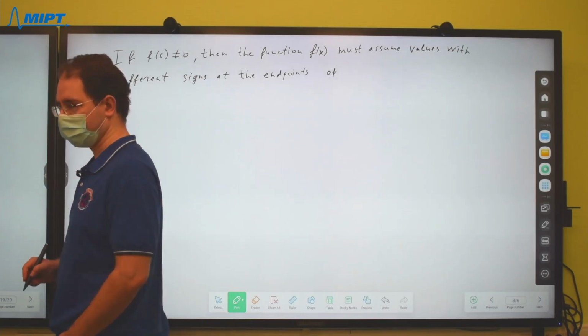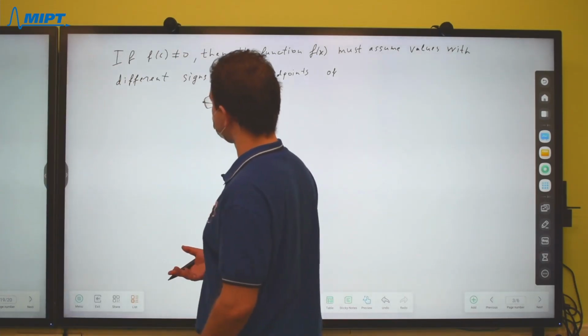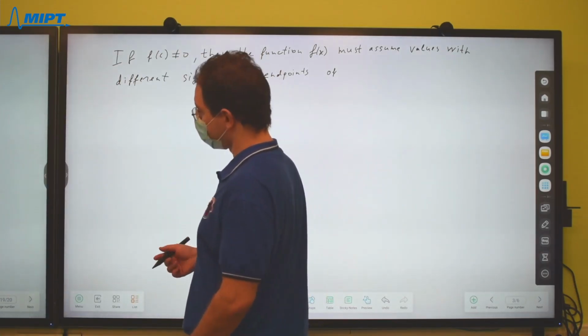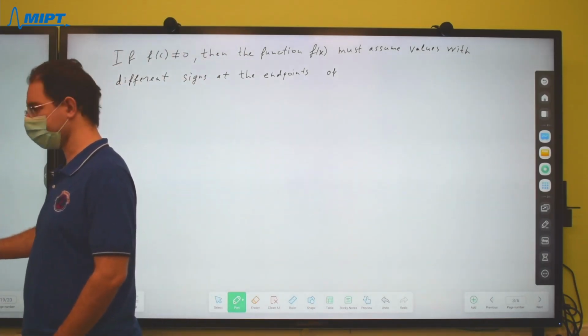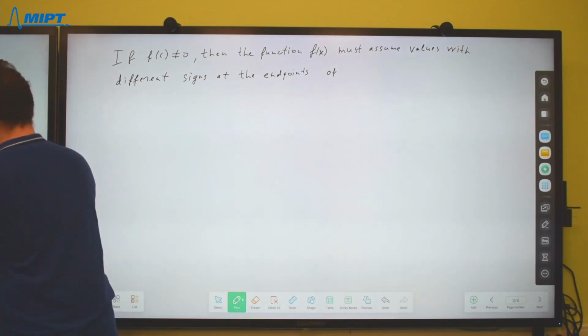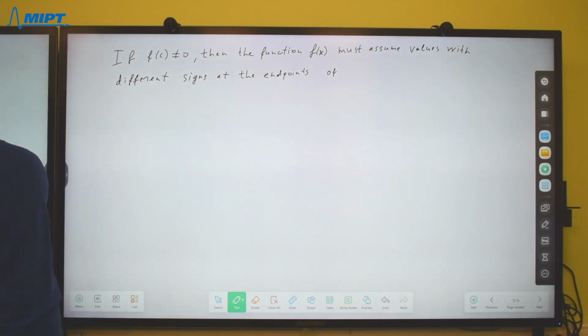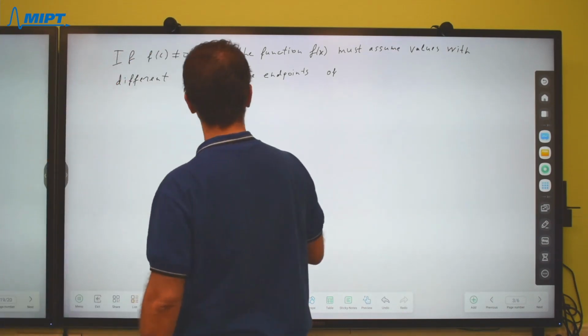Well, you can easily see this. If the value at this middle point is negative, then we take the right half of the interval. If it's positive, then we will take the left side.